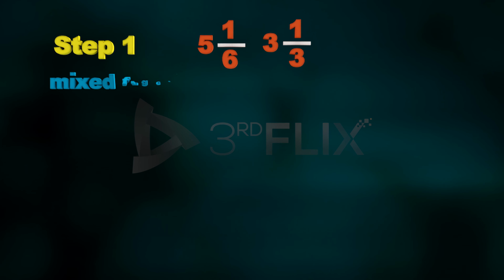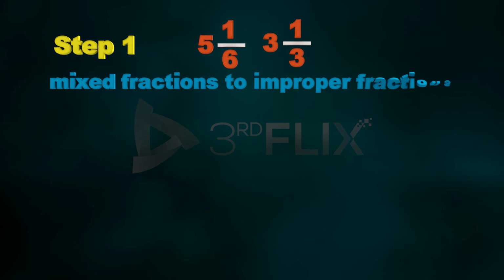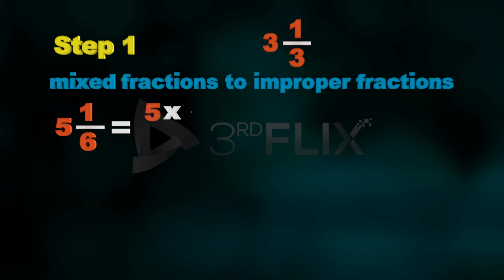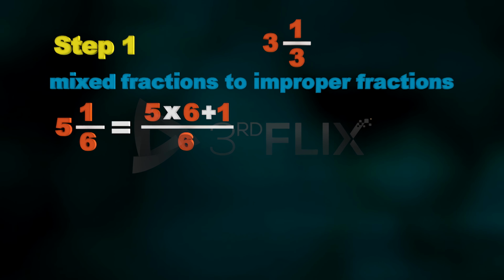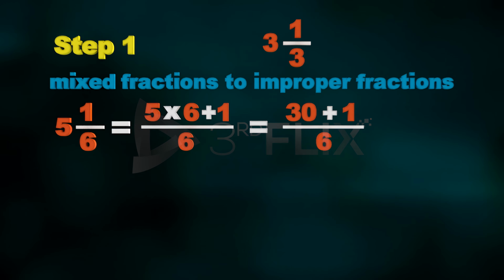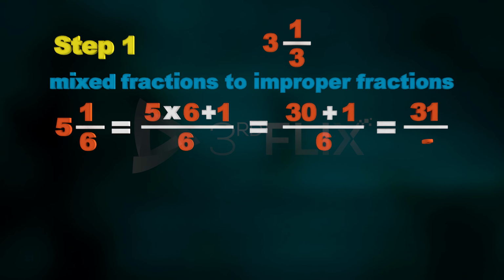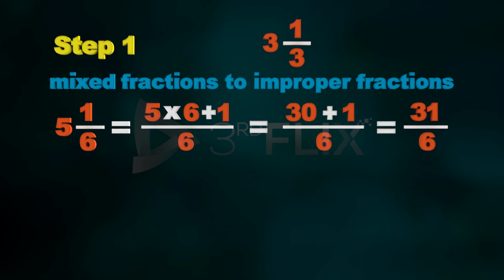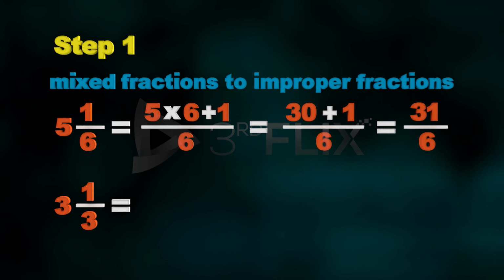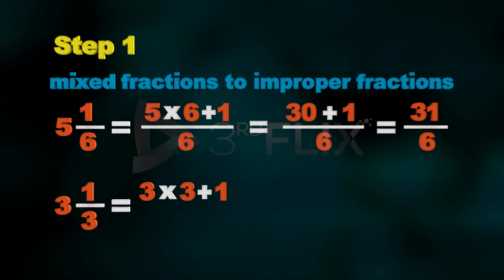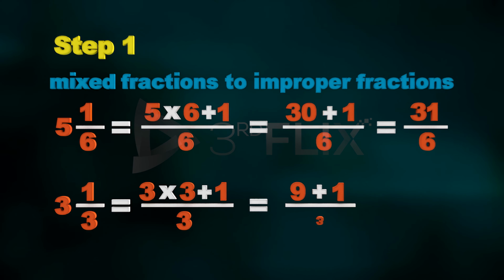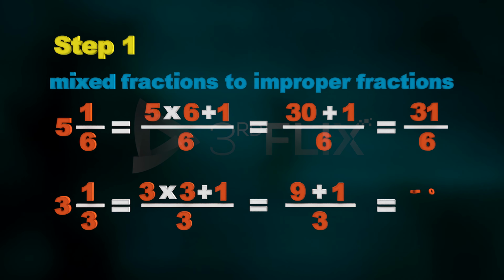Change both mixed fractions to improper fractions. 5 1 by 6: 5 into 6 plus 1 by 6 is equal to 30 plus 1 by 6 is equal to 31 by 6. 3 1 by 3 is equal to 3 into 3 plus 1 by 3 is equal to 9 plus 1 by 3 is equal to 10 by 3.